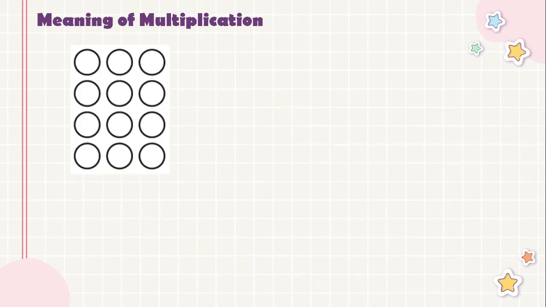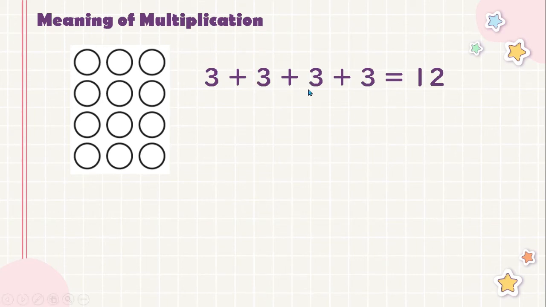Another example, we have it here. So how many circles do we have? Let's check. We have 4 groups: 1, 2, 3, 4. And in each group, we have 3 circles. Okay, so we can have it like this: 3 plus 3 plus 3 plus 3 equals 12.